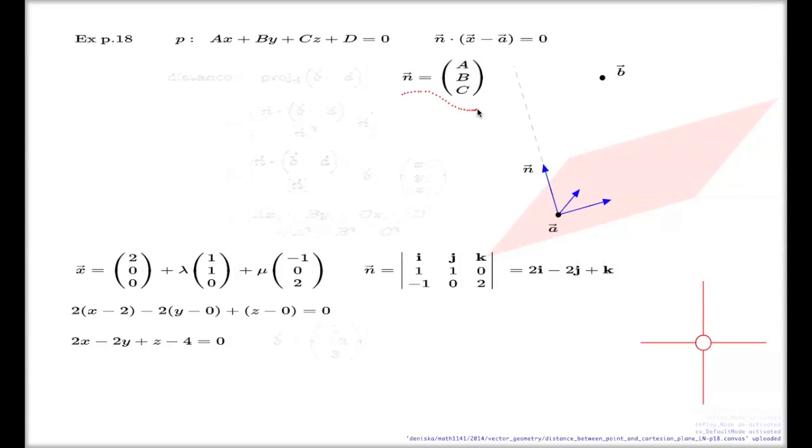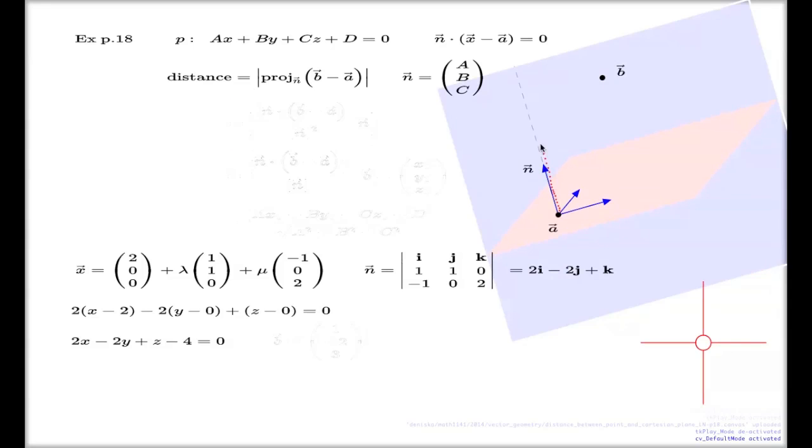From our general discussion on Tuesday, we know that the distance from the tip of the vector B to my plane is an expression like this. We have to project onto this n vector.